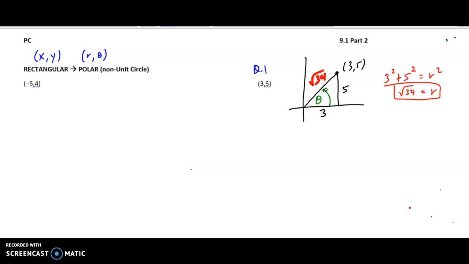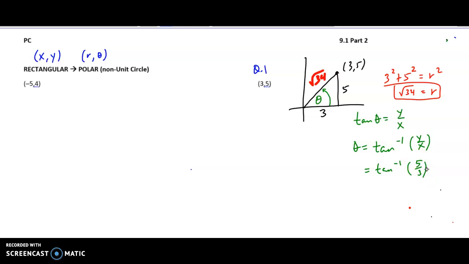Yesterday, I think we used the tangent relationship: tangent of theta is equal to y over x, and so theta is the inverse tangent of y over x. In this case, that's going to be 5 over 3.